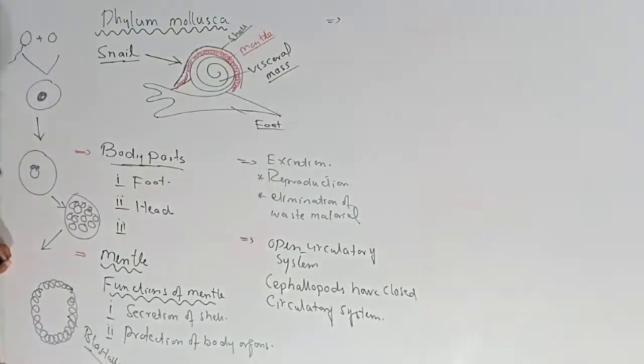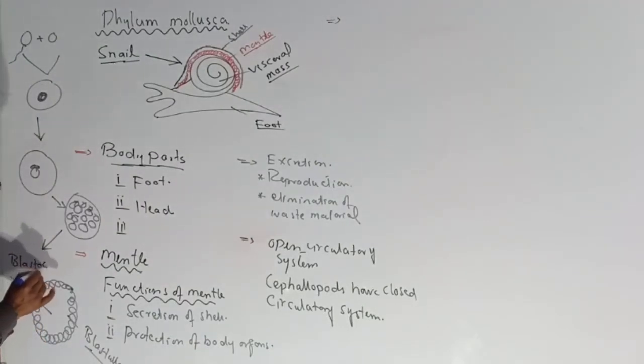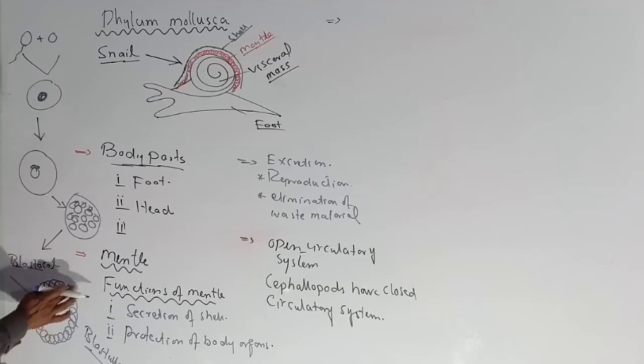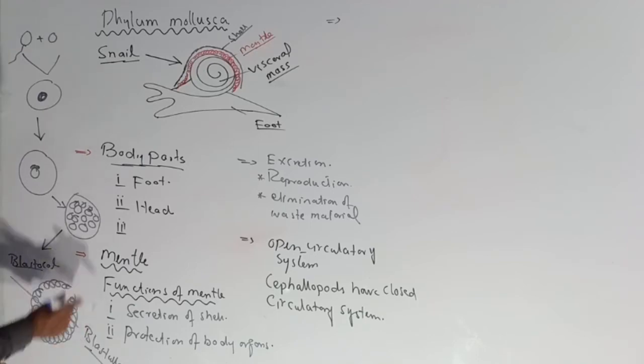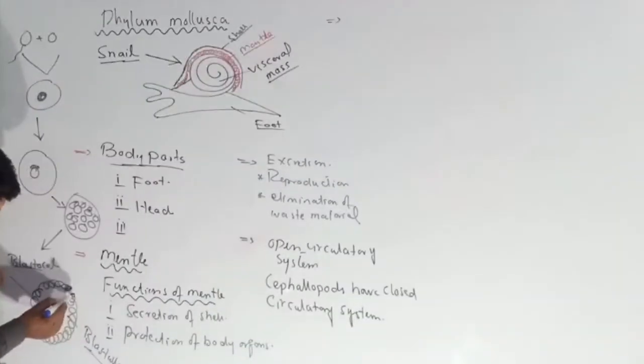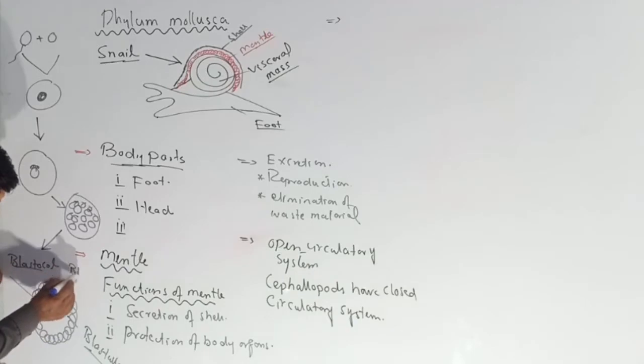This cavity is known as blastocoel. And there is a pore formed in the blastula. This pore is known as blastopore.